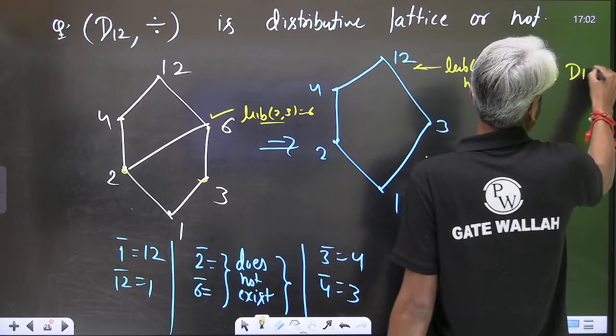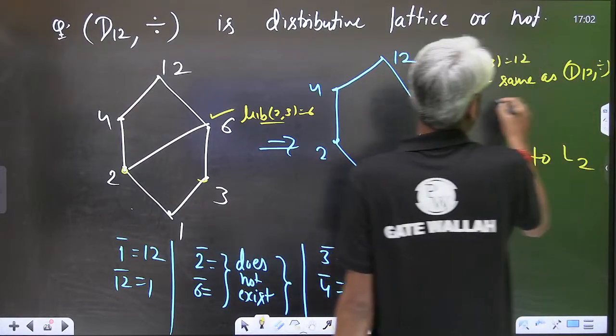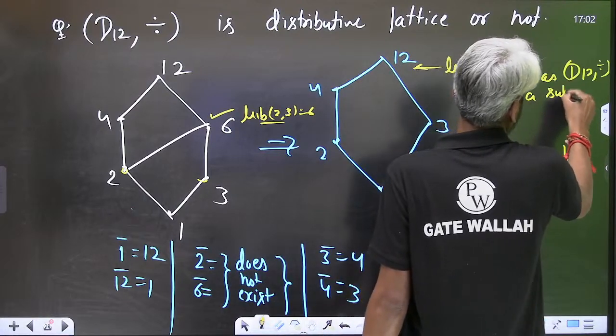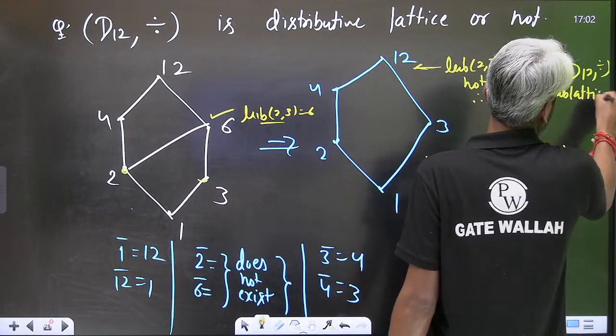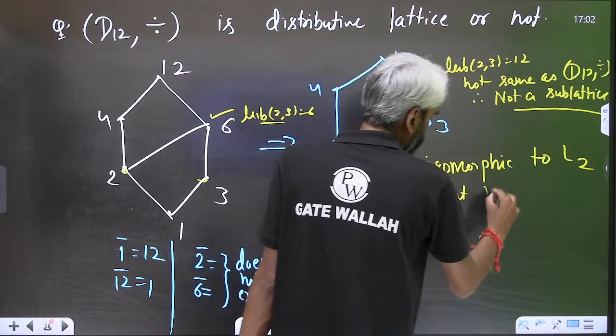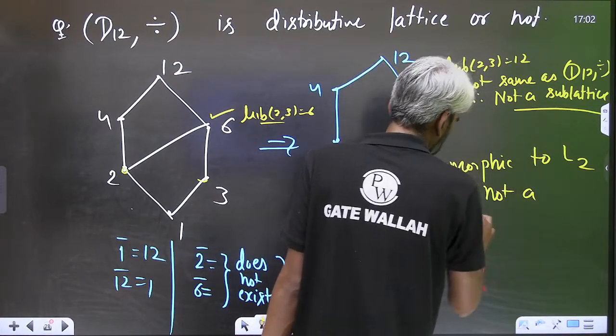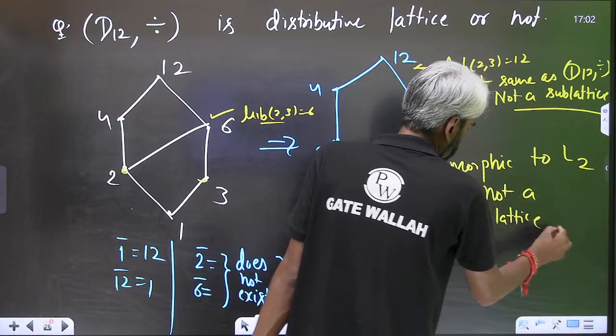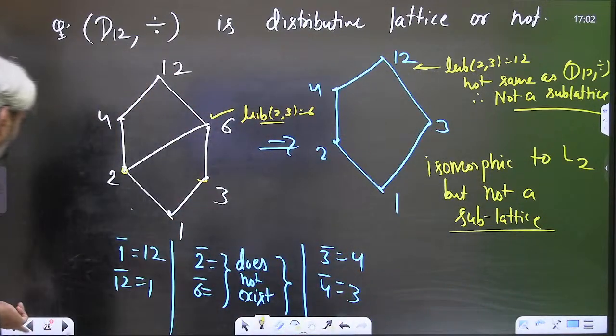Not same as E12. Therefore, not a sublattice. What can we say? It is isomorphic to L2, but not a sublattice. So this will not satisfy, because what did we say?